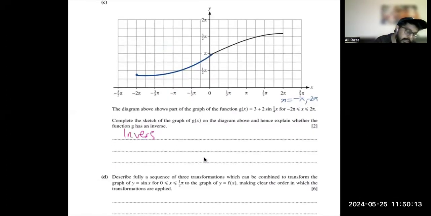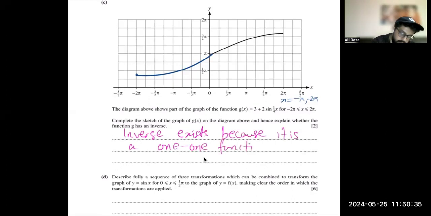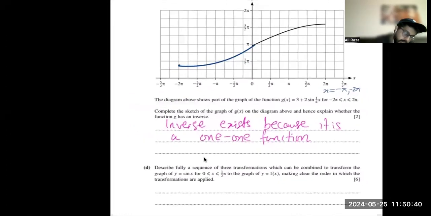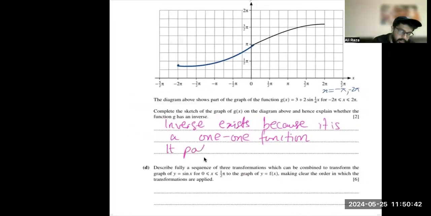So you can see that the inverse would exist for the given domain, because it is a one-to-one function, and it will pass the horizontal line test.